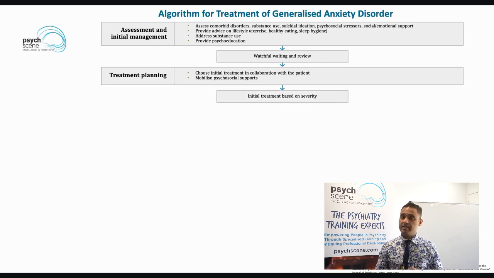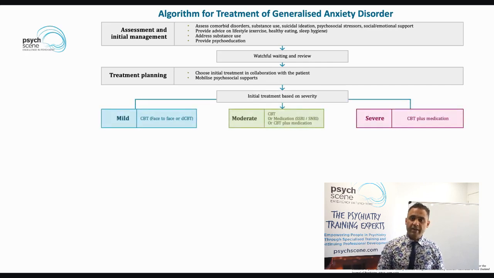The next step is that the initial treatment is based on the severity of the anxiety disorder. So if it's mild, then you may consider CBT, face-to-face or digital CBT. Both have good evidence in anxiety disorders. In moderate anxiety disorders, CBT or medication.